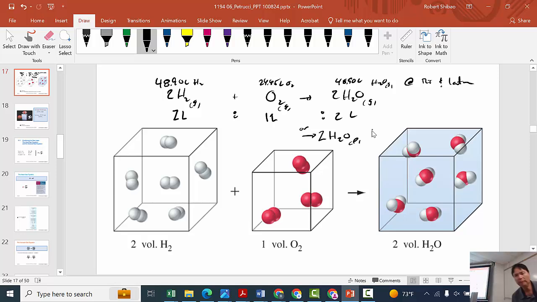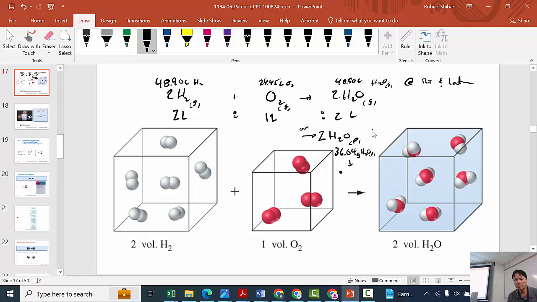And so, in this particular case, a mole of water weighs 18.02 grams, so 2 moles of water is going to be 36.04 grams of H2O liquid. That's 2 moles of H2O liquid. And what's the volume of that?